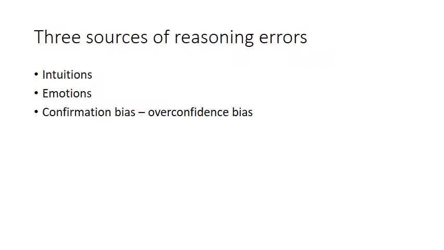First of all, we have our intuitions. We have system one, which can lead us to reasoning errors because, first of all, it is approximative. Remember that natural selection endowed us with a fast and frugal economical thinking system, and therefore it is not always right on the mark, but also because of error management.